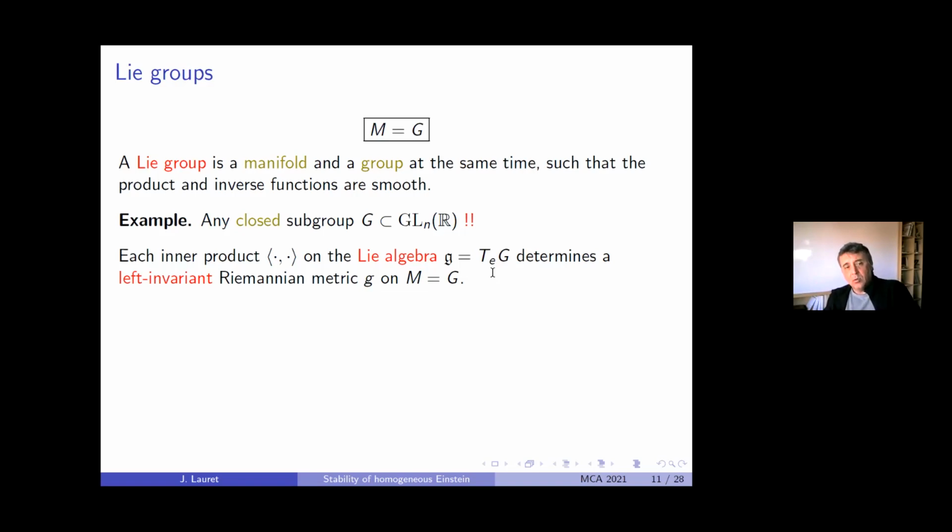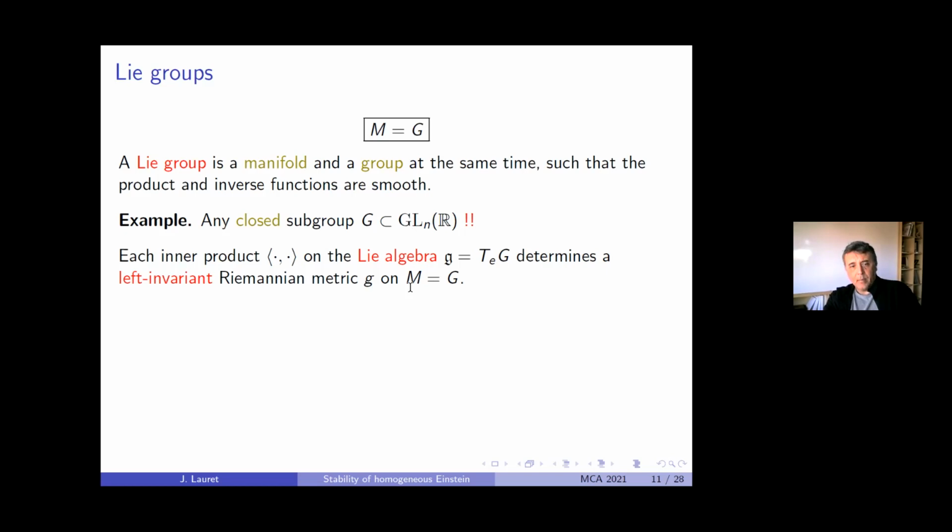And so you get what is called a left-invariant metric on the Lie group. The tangent space at the identity is called the Lie algebra of the Lie group, and it is a subalgebra of matrices in this case. A subalgebra with respect to the Lie bracket of matrices, AB minus BA. So that's also incredible.